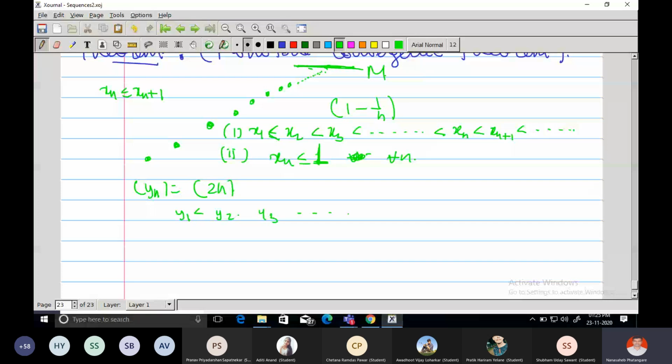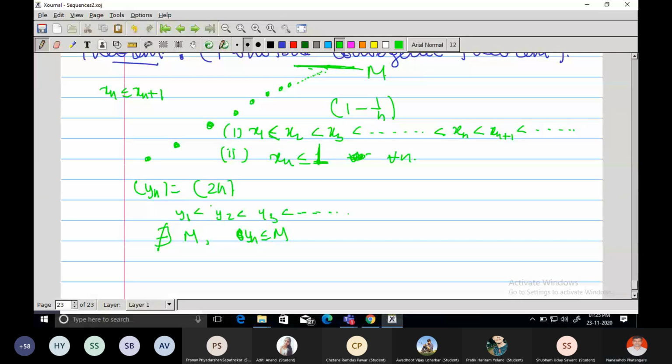So terms are increasing, but there is no number m which will control all these yn. There is no number which will control all these terms. So this is the difference between these two sequences, 1 minus 1 by n and 2n.